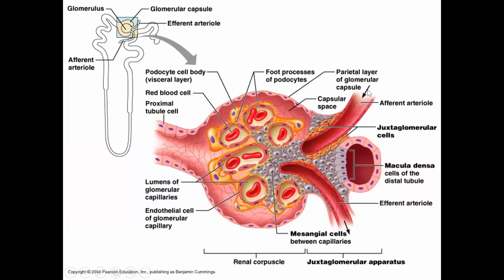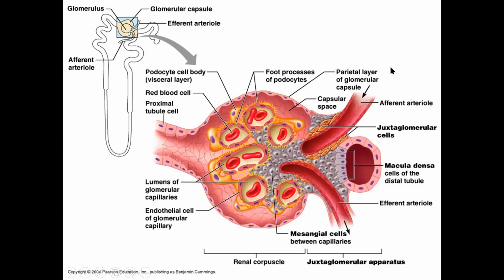If more blood is coming in, these smooth muscle cells are stretched, which causes a stronger contraction to decrease the diameter of this arteriole and minimize the blood flow in.